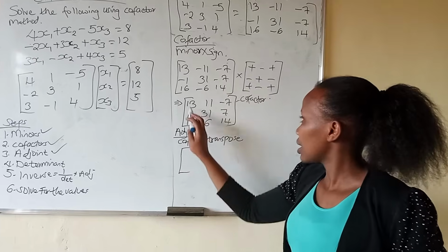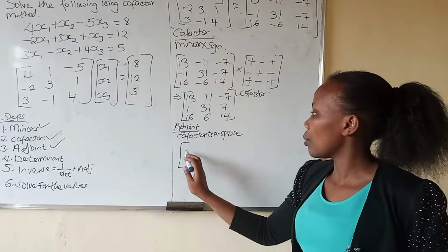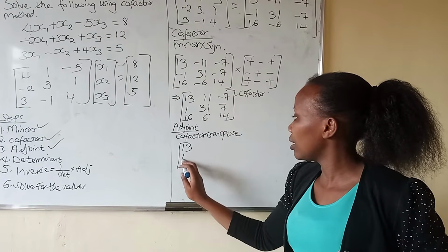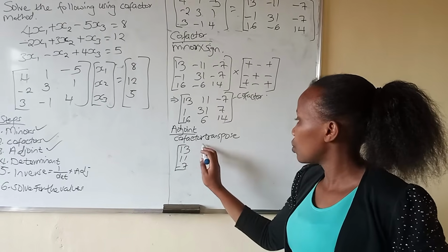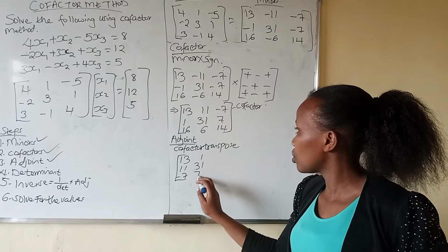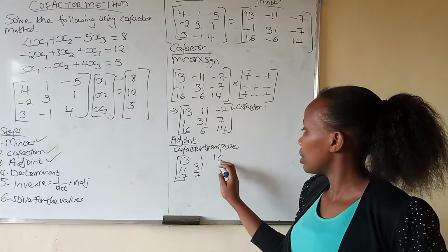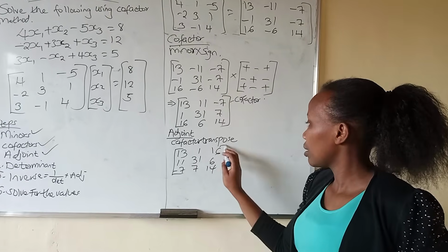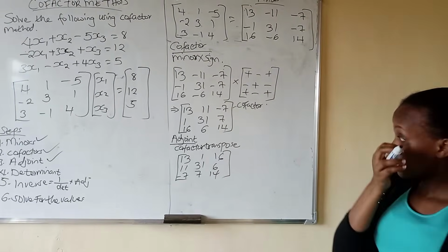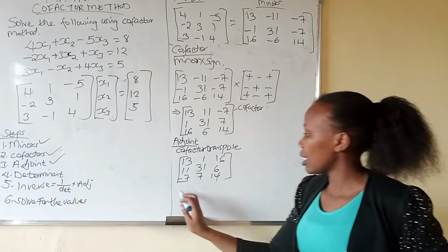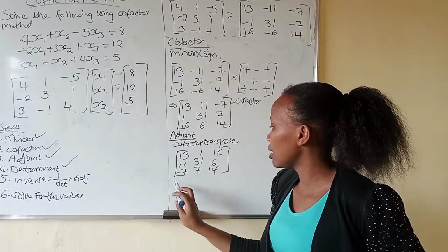So meaning for this 13, 11, negative 7, row 1 will become column 1, row 2 will become column 2, row 3 will become column 3. That is the adjoint. So now from the adjoint, next is finding the determinant.